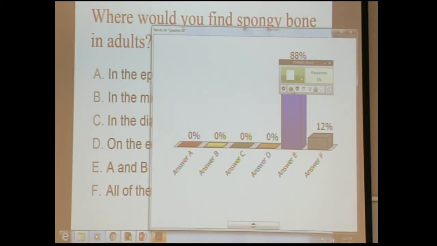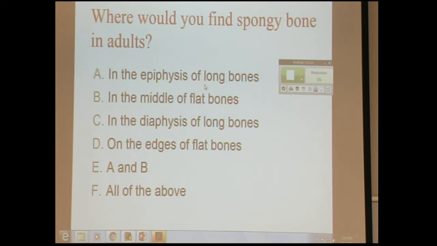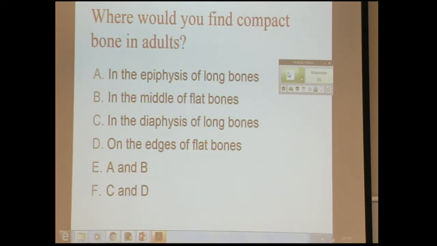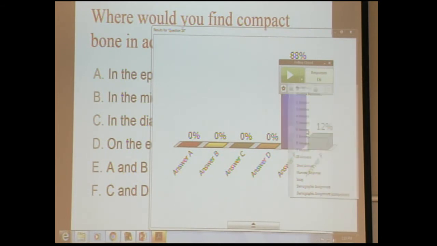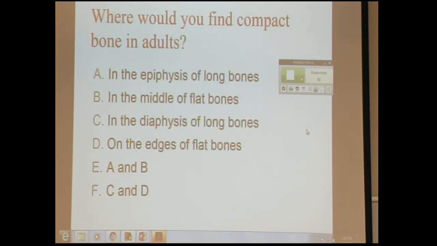All right, nearly everyone went to E, which is correct. So in the epiphysis of the long bones, in the middle of the flat bones, that'd be where you find your spongy bone. All right, what about compact bone? Where would you find that?